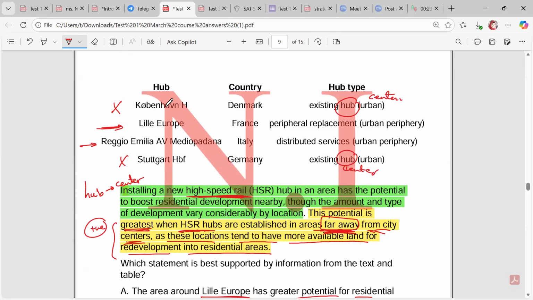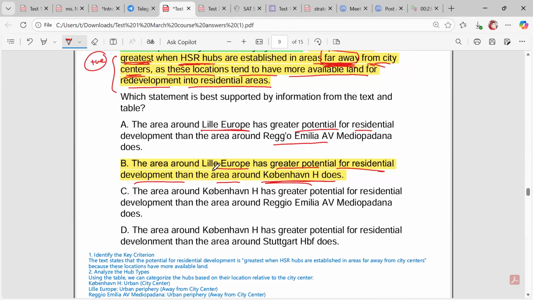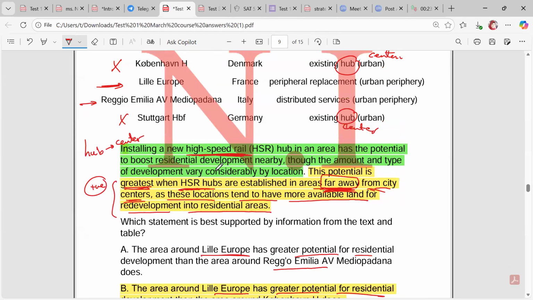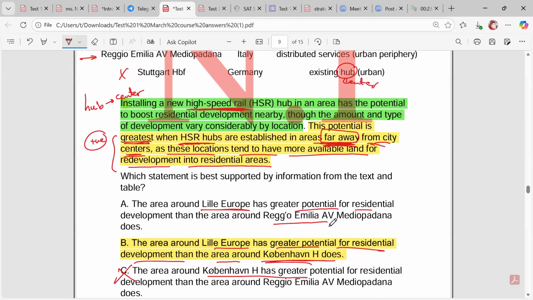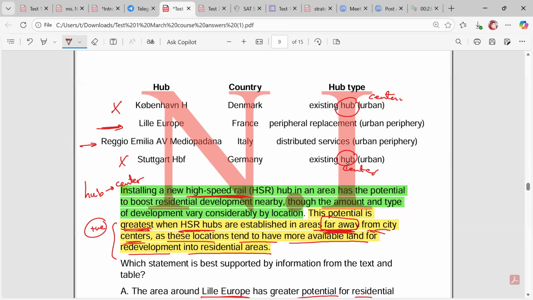This one is in the center, so this one will definitely be greater. The claim says the area around this one has greater potential, but this one is already a center, so no. The area around this one has greater potential than the area, also no. Here I didn't refer to the periphery. Pay attention: periphery means far away, far away.